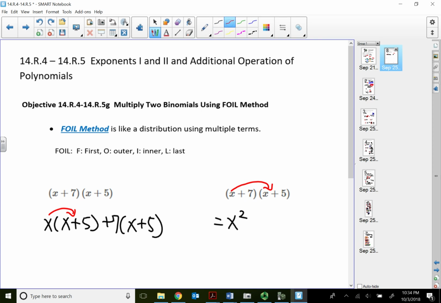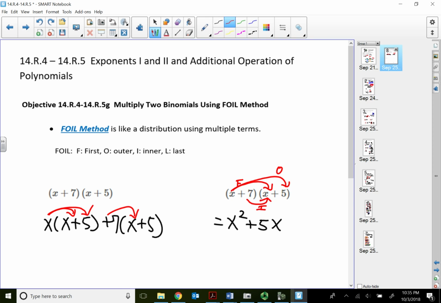Then the next thing I do is x times positive 5. When I say x times positive 5, that will be outer, two outside numbers multiplied together, which will be positive 5x. I stands for inner, because the next thing I do is take positive 7 times x, which in the FOIL method will be my inner.